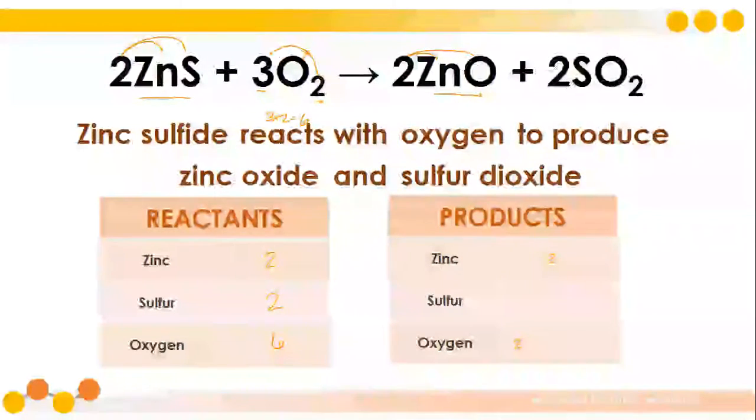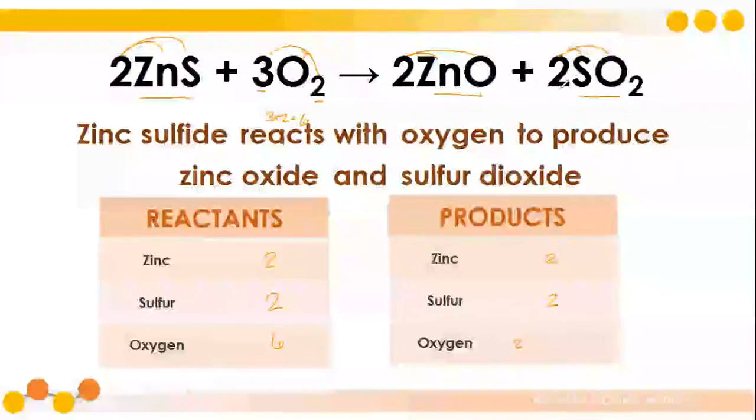In this one, there is a compound with a subscript and there's also a coefficient. You still need to distribute the coefficient to both of the elements. So you have 2 sulfur.